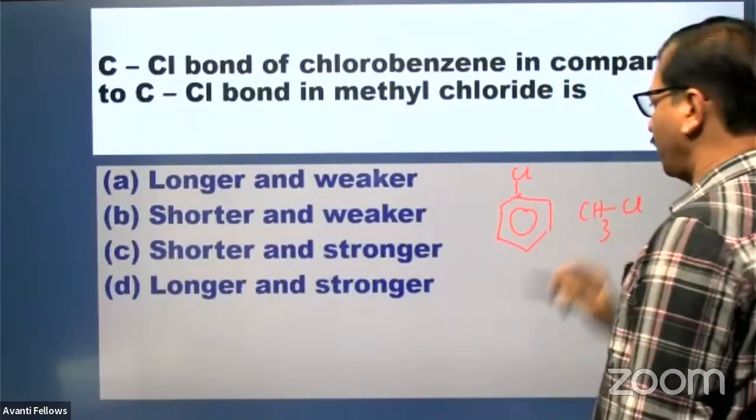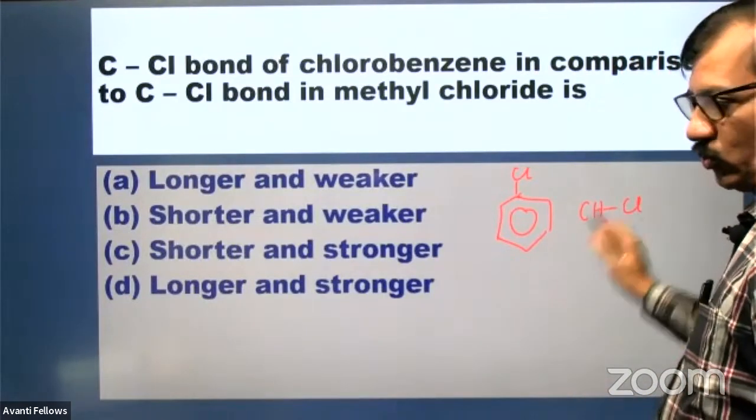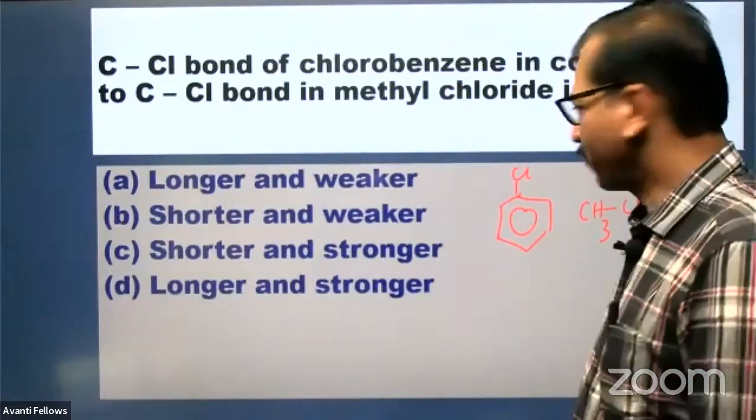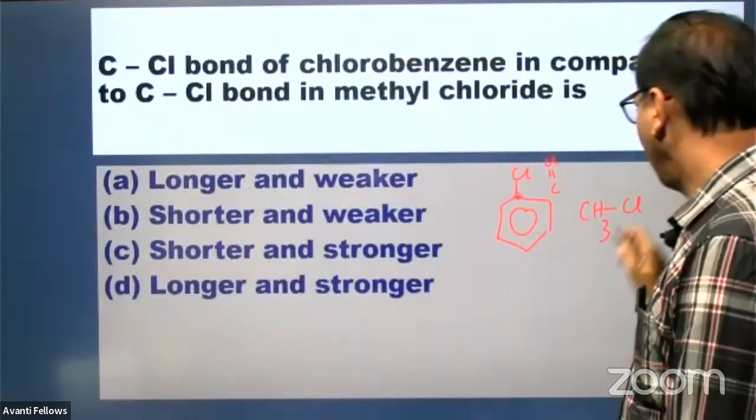Which is shorter among these two and why? It is shorter because of partial double bond character. So this is shorter and this is longer.